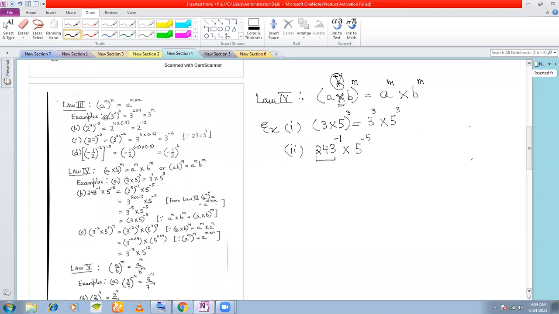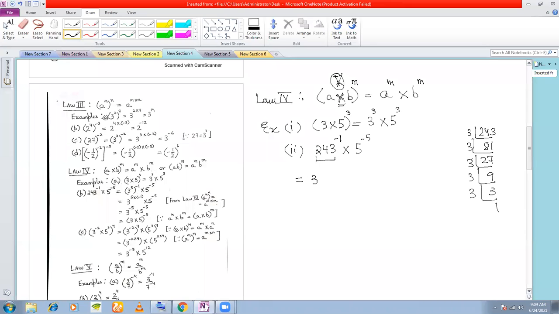Now you have 243 here. You try to prime factorize 243. If you prime factorize, how much will you get? 81, 27, 9, 3, 1. You know prime factorization, all of you? You have done prime factorization in class 7. Yes, sir.